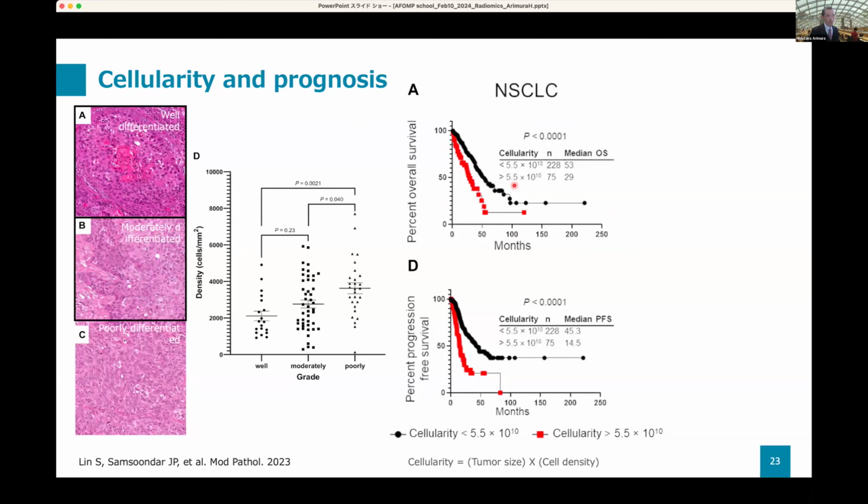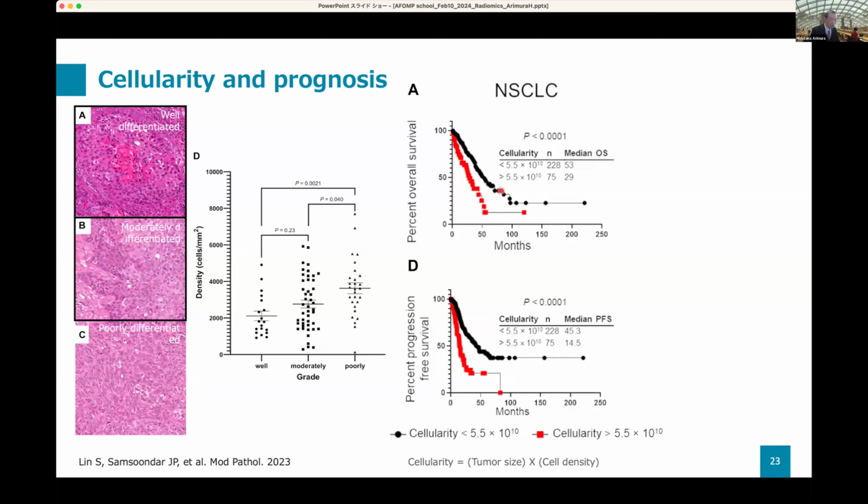Anyway, if the cancer has a higher cellularity, the overall survival has a very high risk for the patient like this.